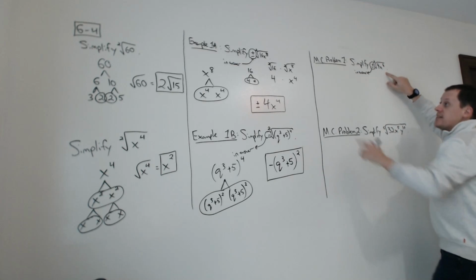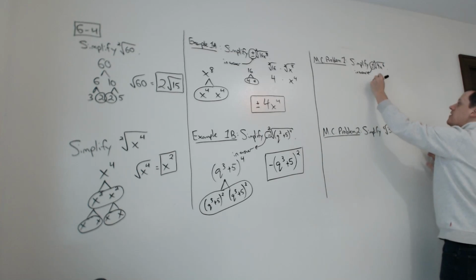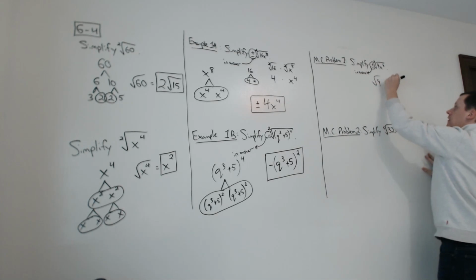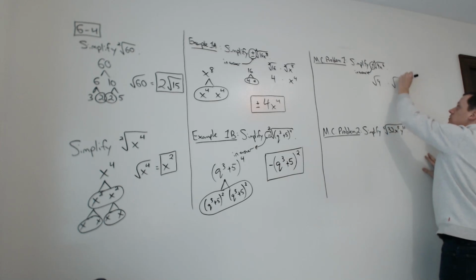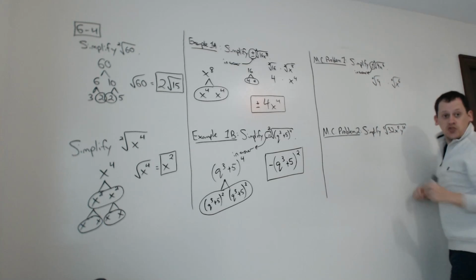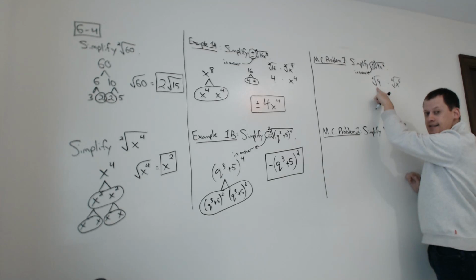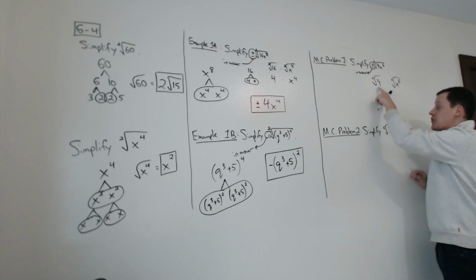So we can break this one up just like we broke up this one. We've got the square root of 9, and we've got the square root of x to the 6th. Go ahead and write those 2's in the roots there still. You probably know what the square root of 9 is. It's 3.